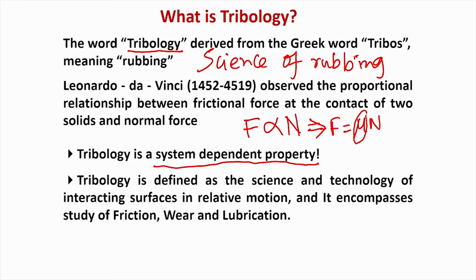It is simply because the friction coefficient μ is not a material property. It is a system property. Therefore, one always has to find out what the mating solid is.